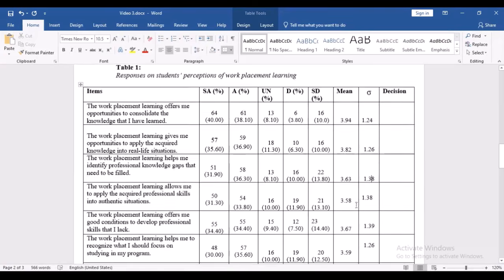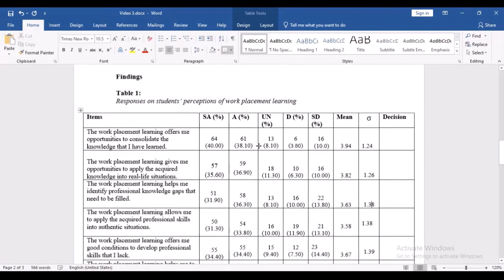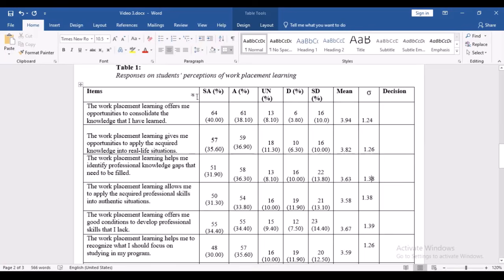So I have already reported this here to ensure that we do not waste so much time. And then look at this particular place. This is quite important. You can see this is strongly agree, and then in brackets, percentages. Inside the bracket here, I have reported the percentage.